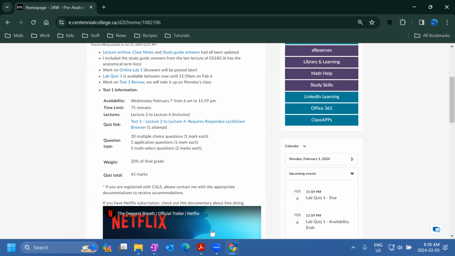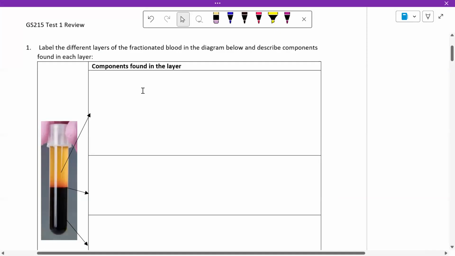Fantastic. Let's get on with the review sheet. There's a question: is the application the same as the long answer question? Maybe, it could be, but it doesn't have to be. Thank you for bringing that up.